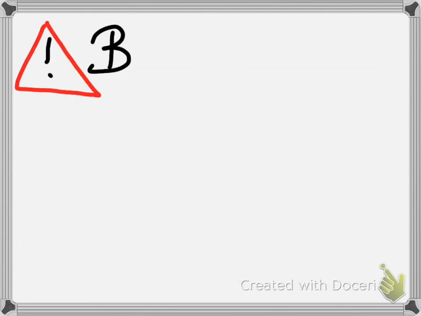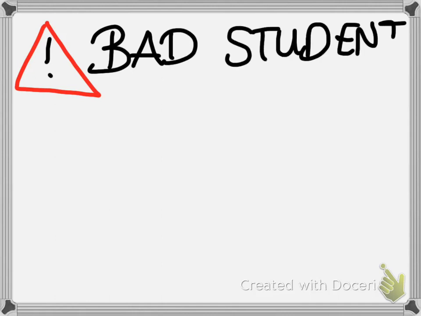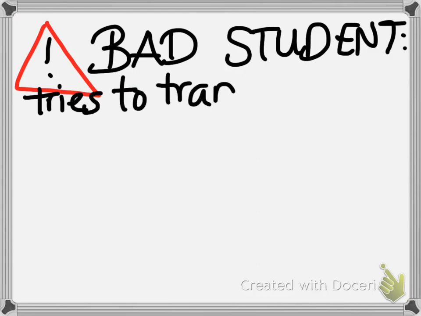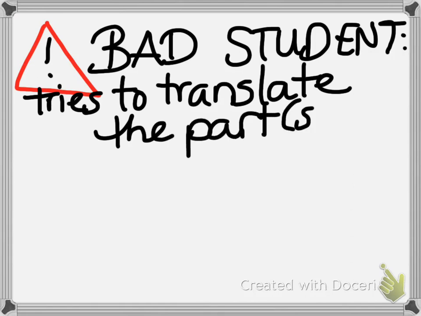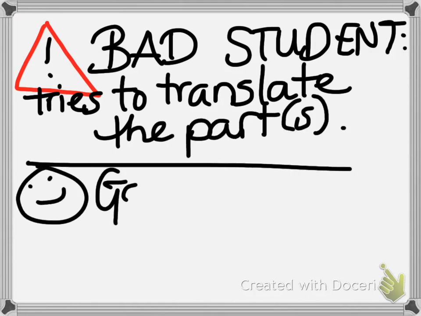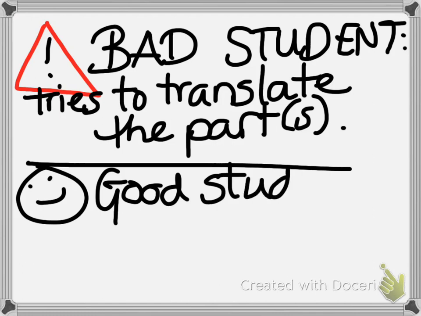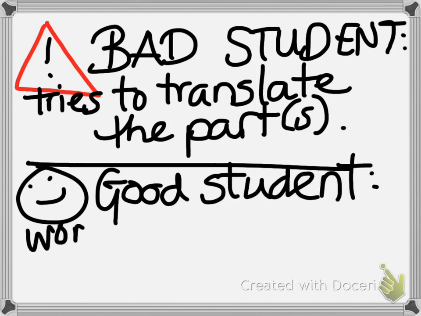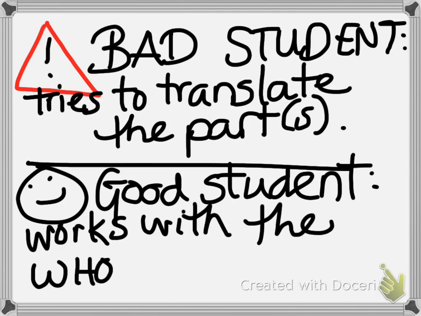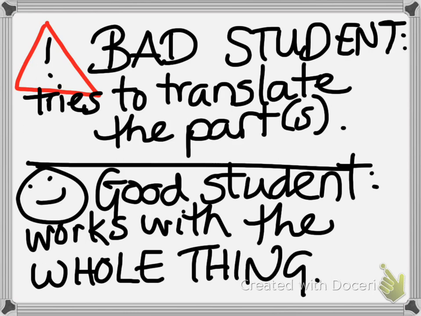And that's really important because bad students, or students who are just beginning to work with phrasal verbs, will try to translate each individual part and they won't get it right for one of two reasons. They either assume that there is a literal meaning to the phrasal verb, or they're so fixated on the parts they don't think about how the complete unit works together. And good students work with the whole unit. They work with the whole expression, exactly the same way you do when you're learning someone's name.